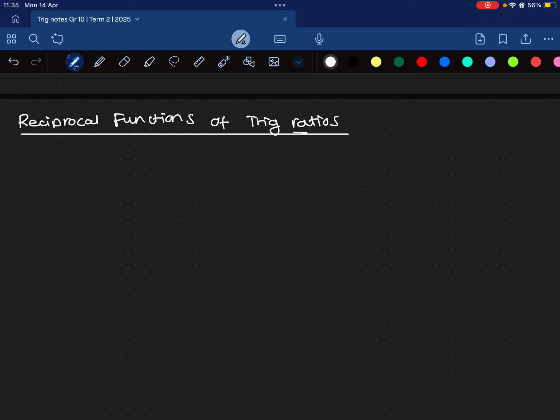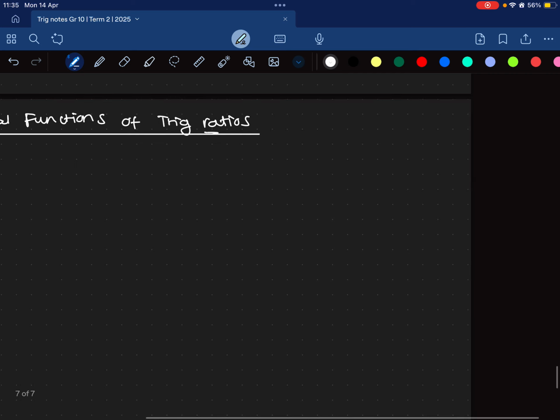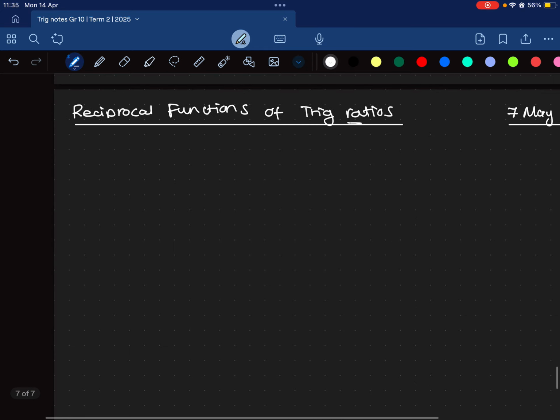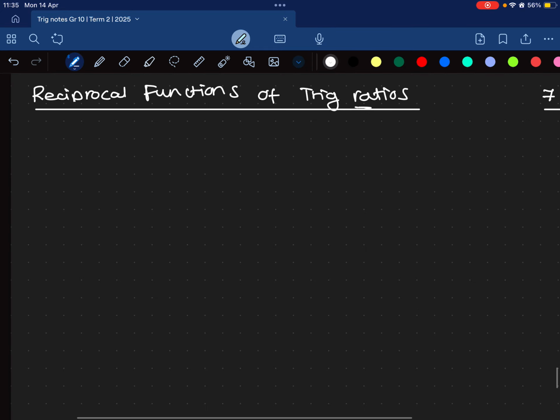So if we continue, today we're going to be discussing what reciprocal functions are when it comes to trig. First thing is we want to know what is a reciprocal.